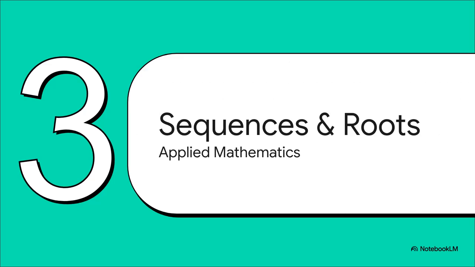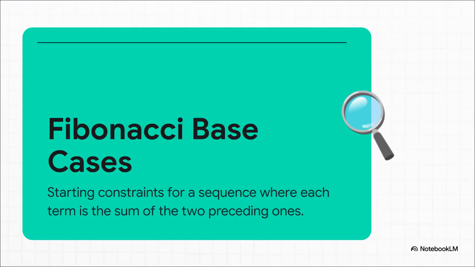All right, let's look at Section 3, Applied Sequences, covering Fibonacci and roots. So, for exercises 04 and 05, we're shifting gears from just basic arithmetic over to actually generating sequences. Exercise 04 wants you to find the nth element of the Fibonacci sequence using pure recursion. Remember, every number is just the sum of the two before it.